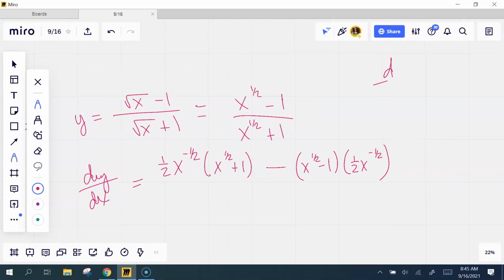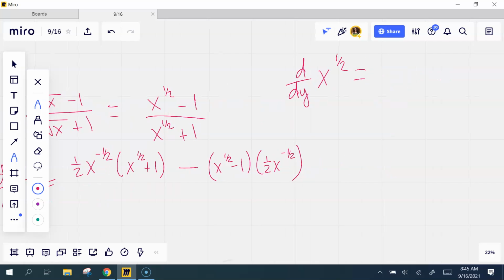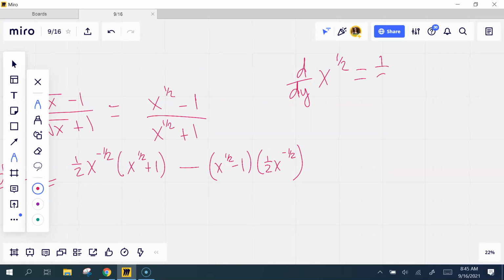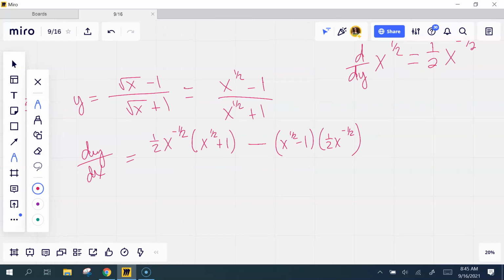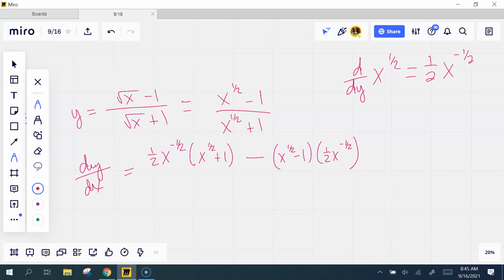Okay, the derivative of x to the 1/2. Bring the exponent around and multiply, and then subtract 1. 1/2 minus 1 is. Write that down real quick. Over the bottom squared. Y'all are going, oh my gosh, on this. Wait till we get to chain rule.